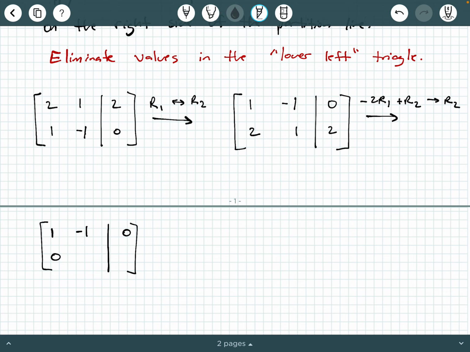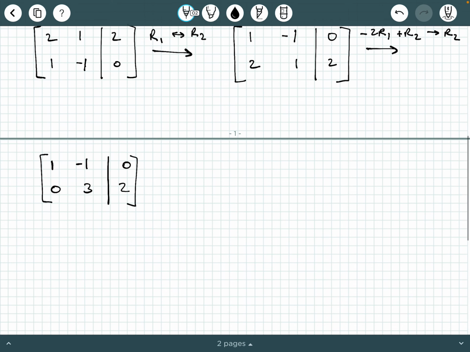Add that to row 2, and you get a positive 3 here. And then the last one, you're on the right of the partition now: negative 2 times 0 is 0, plus 2 is 2 here. And now look what I have here. This is my new system, my new matrix.